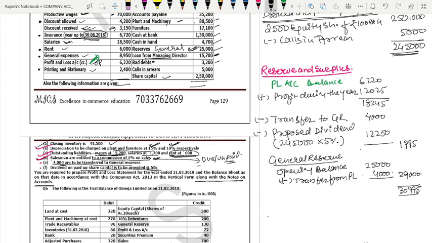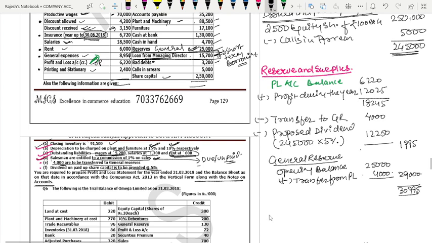After this, you have to prepare the non-current liability. The non-current liability is not there. No long-term borrowing is there. The loan from managing director is there, but generally we treat it as short-term borrowing, not long-term.